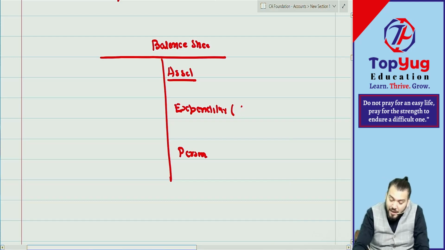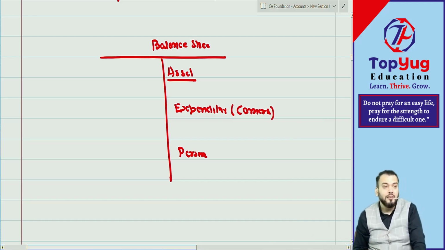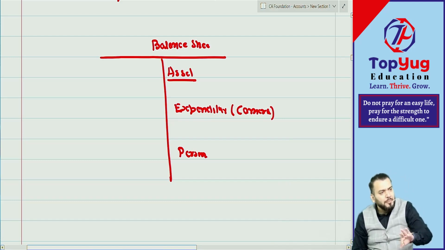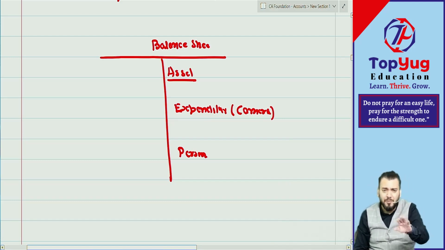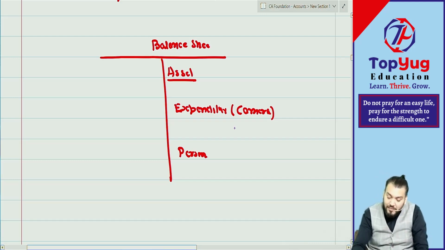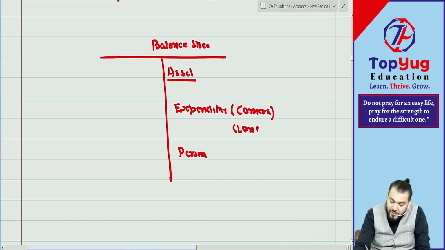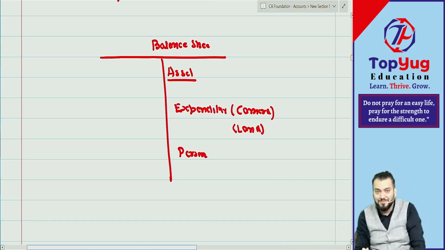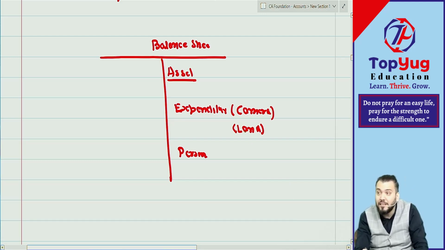For example, a camera. We purchase a camera. Have you derived all the benefit? No. Benefit will be derived in future. Therefore the camera becomes an asset. For example, land. You purchase land. Benefit will be derived in future. All such expenditure is nothing but what you know as fixed assets. So in assets we write down expenditure as well as personal accounts.